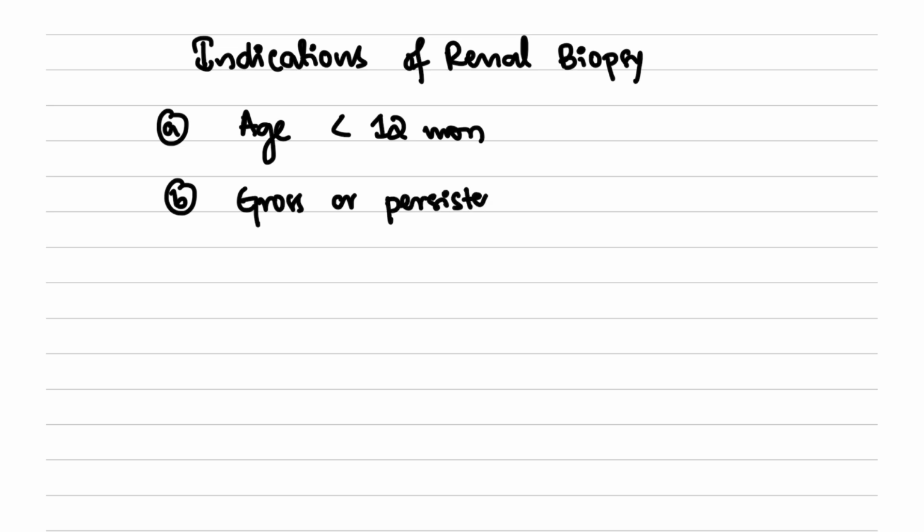The age of the child must be less than 12 months. Or the child has gross or persistent microscopic hematuria even after starting the treatment.